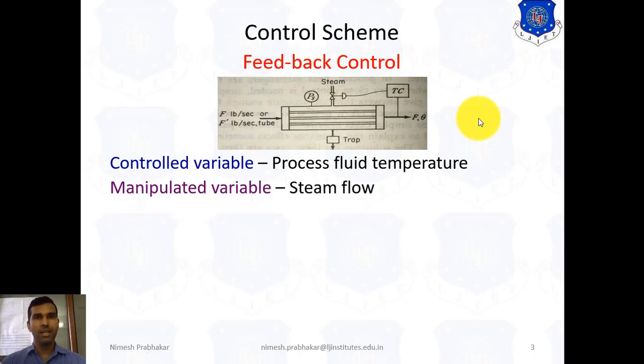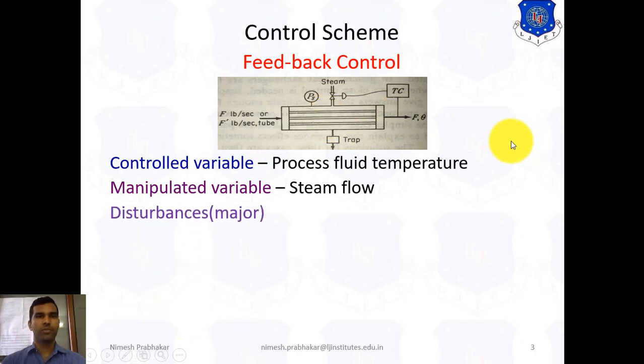For all three control schemes, feedback, feedforward and cascade control, we consider steam flow as the manipulated variable. That means by varying the steam flow we control the temperature of the outlet fluid.